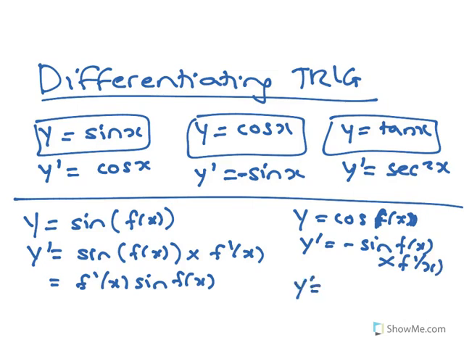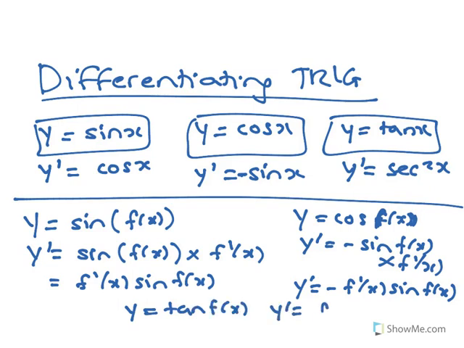So y dash would be minus f dash x sine f of x. And for the tan one, y equals tan of f of x, y dash would be f dash x sec squared of f of x.